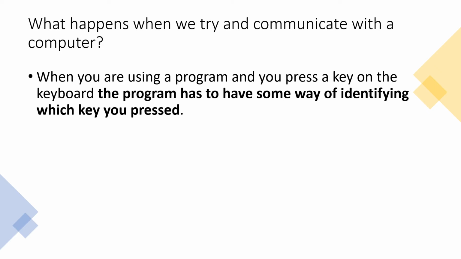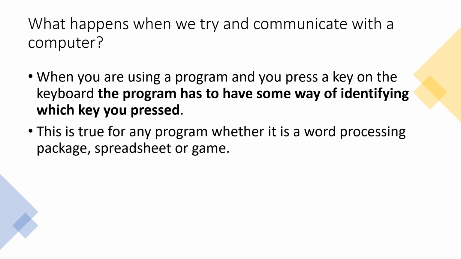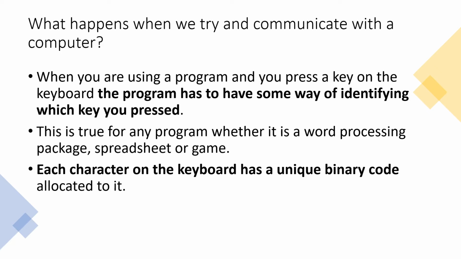Each key is essentially connected to a little switch that sends a signal into the computer, and the computer can process this input and translate it into a binary code that the system can handle. It doesn't matter what kind of package, game or program it is, this happens on the basic level.